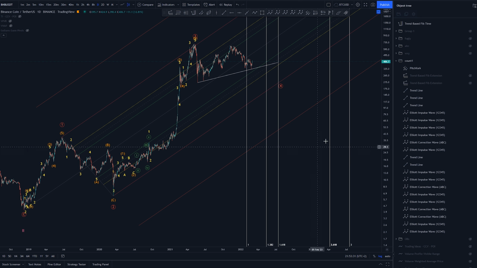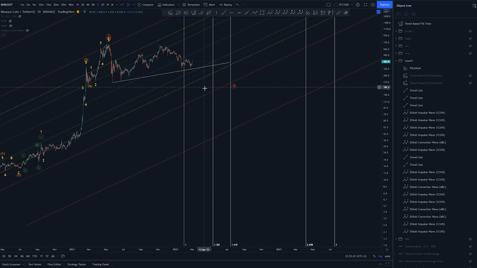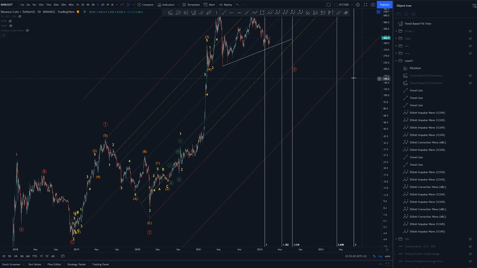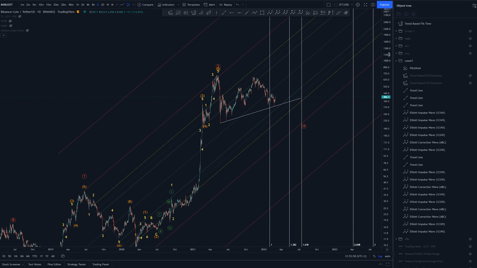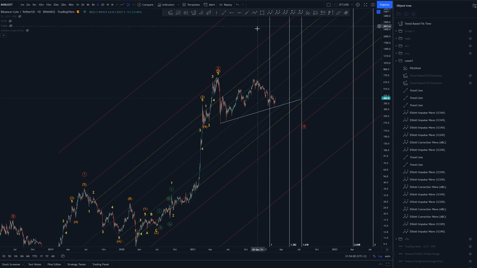Oops. So currently it's already taken 1, which means it's taken the same time as wave 2, which is a good thing. The only bad thing about this, structure wise, is we just barely got below the 50% of this pitchfork, and that is definitely something that I don't like.